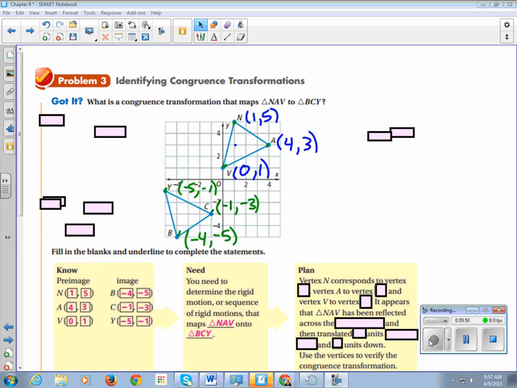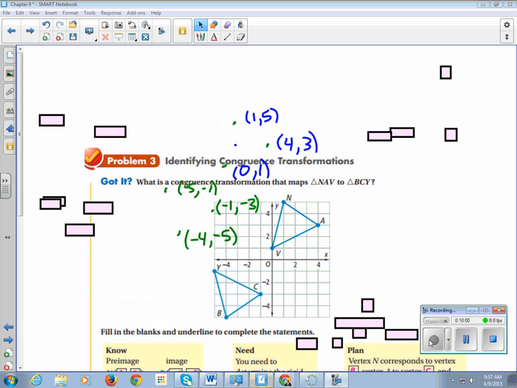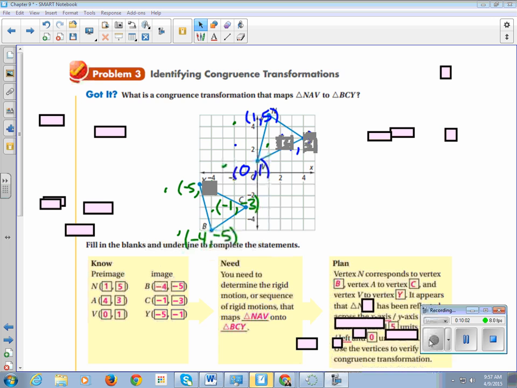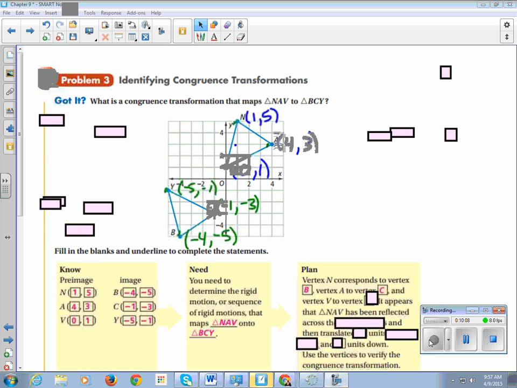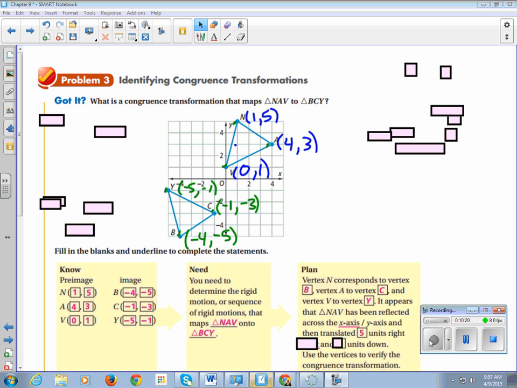Vertex N corresponds to vertex B. Vertex A corresponds to vertex C. Vertex V to Y. So it appears that triangle NAV has been reflected across the x-axis and then translated 5 units to the left and no units down.